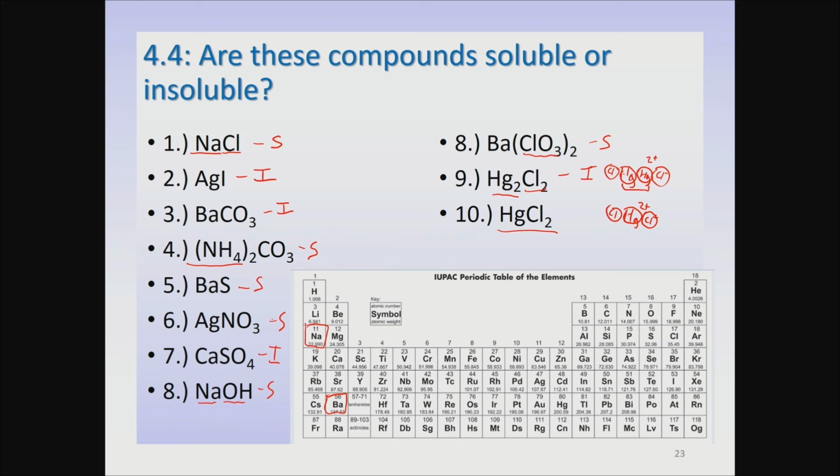The rule for chlorides is that all chloride compounds are soluble except if they're bound to silver, dimeric mercury, or lead. So let me ask you this question. Is this chloride bound to silver, dimeric mercury, or lead? And the answer is no, because this is not dimeric mercury. You can see that there's only one atom of mercury here. So therefore, this compound remains soluble.